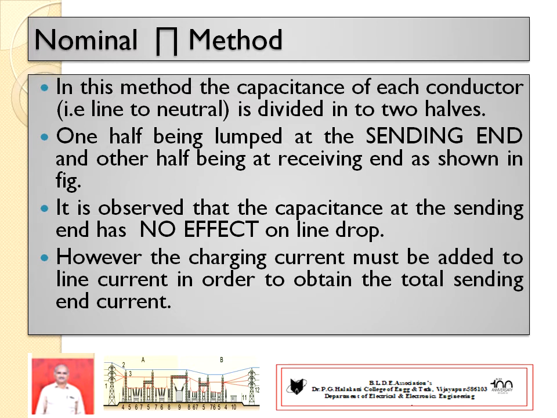The transmission line impedance is taken as it is, with no change: Z equal to R plus jX of the whole line. The capacitance at the sending end has no effect on the line drop, but the charging current must be added to the line current to obtain the total sending end current.